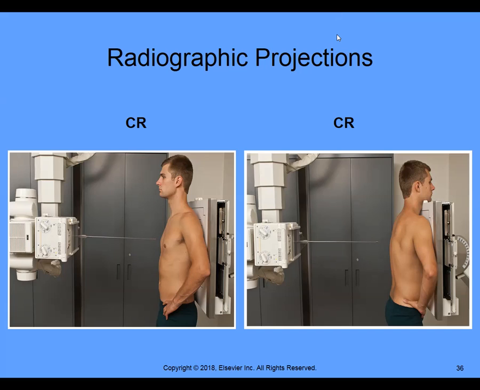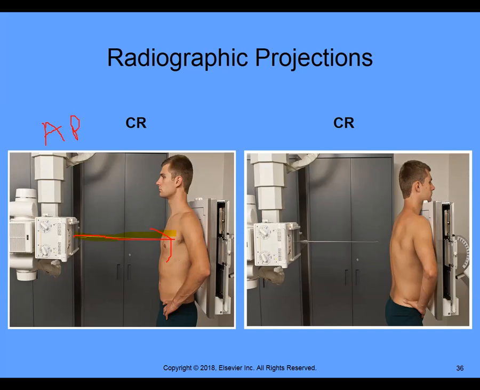And here, the central ray is entering the body in the AP aspect of the body, or anterior, I should say, the anterior, and it exits the posterior. So this one is going to be an AP.